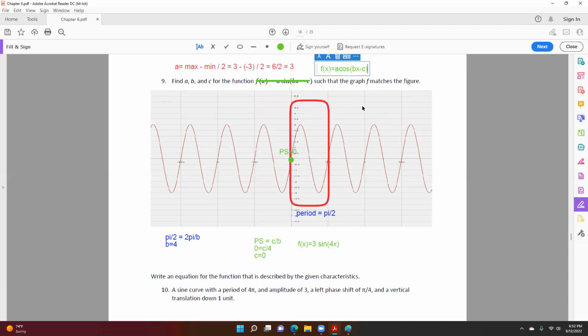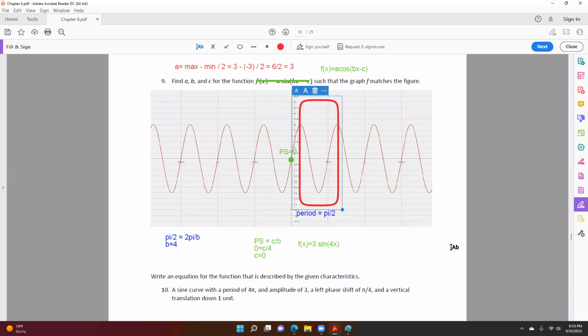So for a cosine wave, let me figure out if I can do a new one, because this one will be very complicated. Then I will use this box. So this is the box I will be using. That is the cosine wave that we'll be using because cosine is the whole value. So this is the cosine wave.